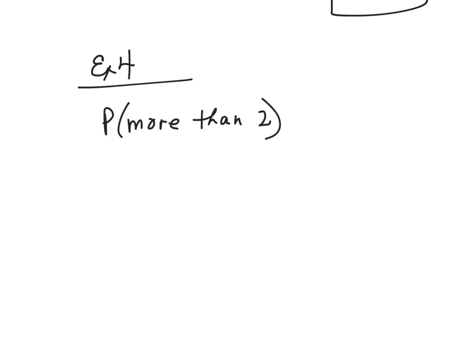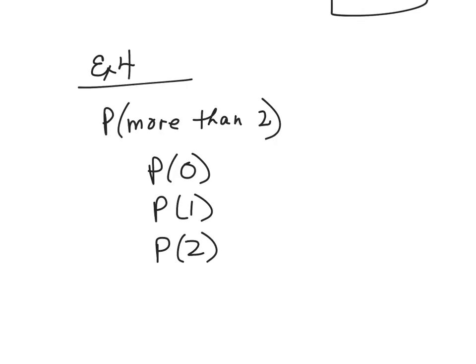What if I came at this a different way? What if I found the probability of getting 0, the probability of getting 1, and the probability of getting 2, and then added those together? That would give me the probability of getting 2 or less.